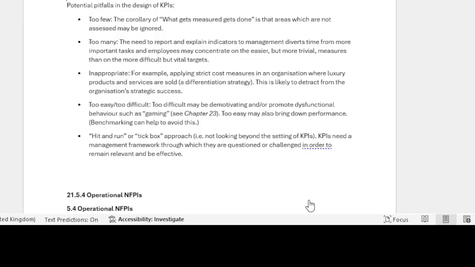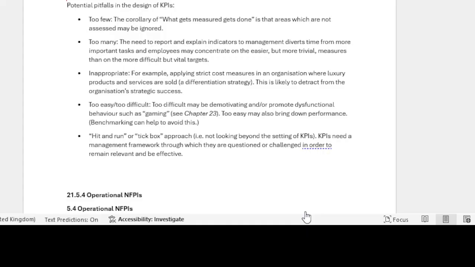What are the challenges, however, that would come along with that? It means there could be more important tasks, and at the end of the day, we may concentrate on the ones which are easier and not concentrate on the ones which are more vital, or more difficult to attain in an organization.